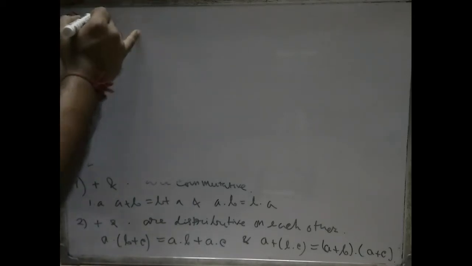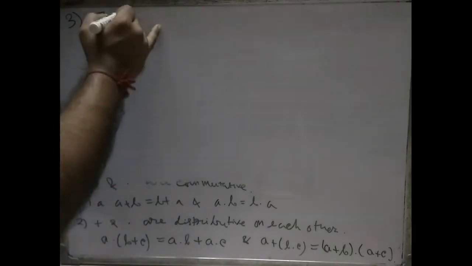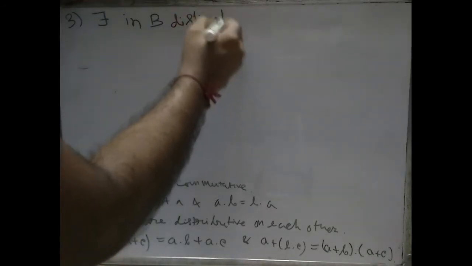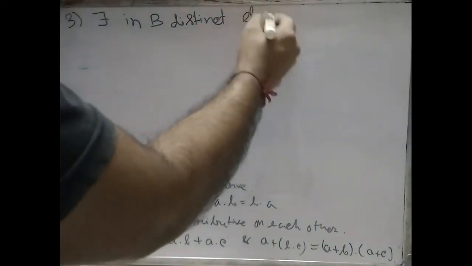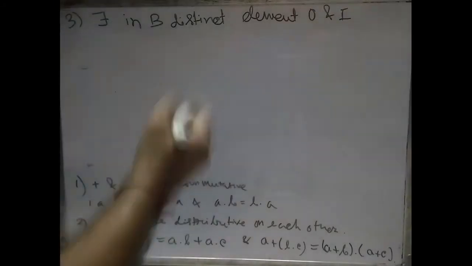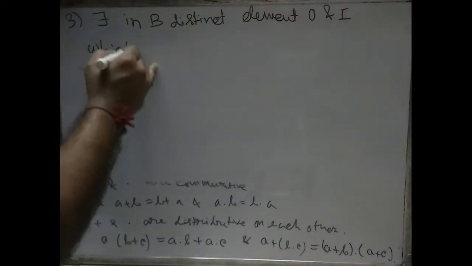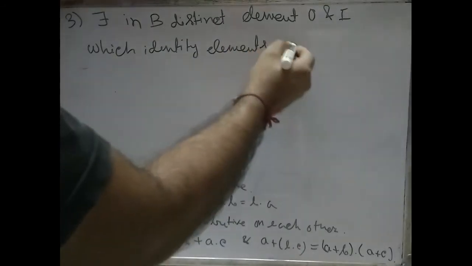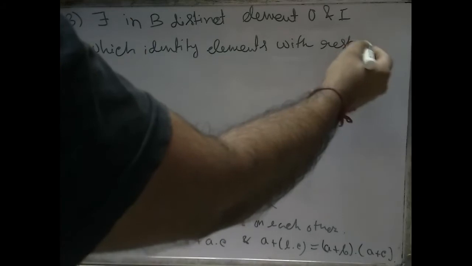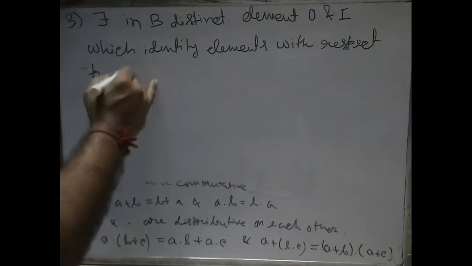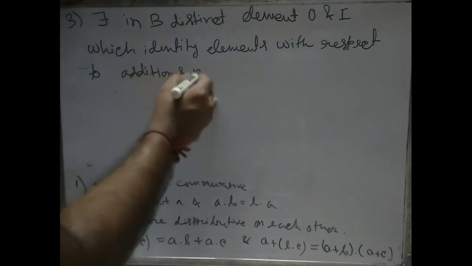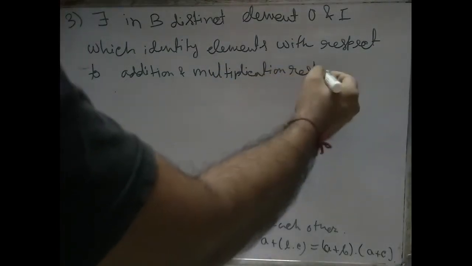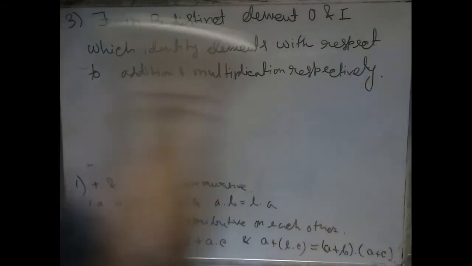Number three is there exist in B distinct elements 0 and I which are identity elements with respect to addition and multiplication respectively.